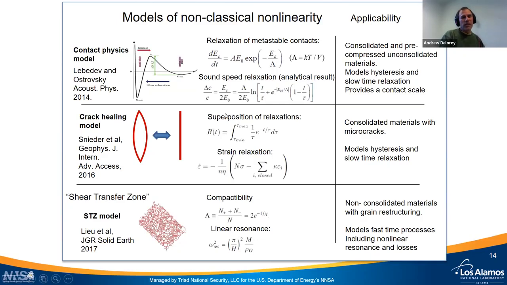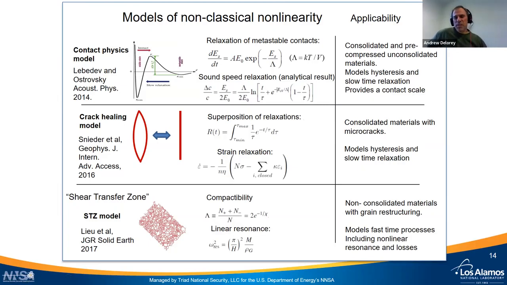And so these are kind of a summary of some of those things. We have contact physics, and we have a crack healing model, and shear transfer zones, STZ. So they all have ways of modeling what we observe in the laboratory in terms of both fast and slow dynamics and different kinds of observations. The contact physics model is applicable for consolidated and pre-compressed unconsolidated materials.